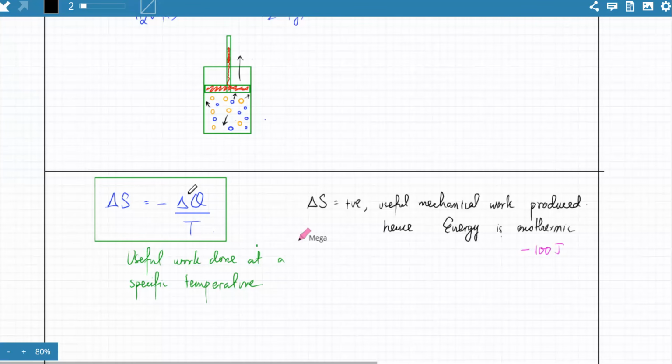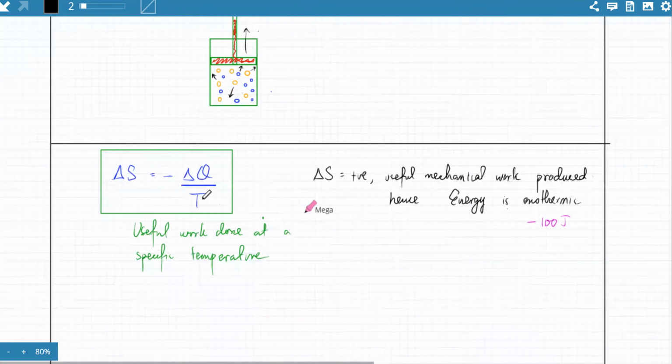It's basically a ratio of energy with respect to temperature, right? It's useful work done with respect to temperature. So when do you think entropy would increase drastically? When the work done that's being produced is a lot and the temperature is not increasing. So you don't want the temperature to increase.